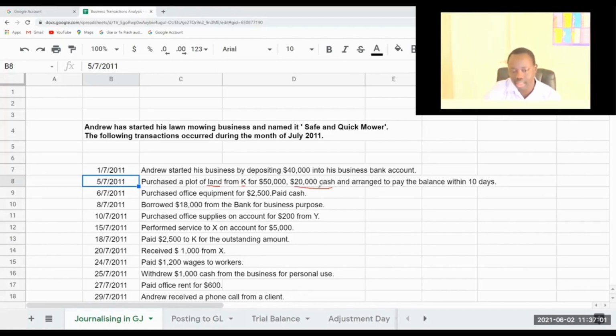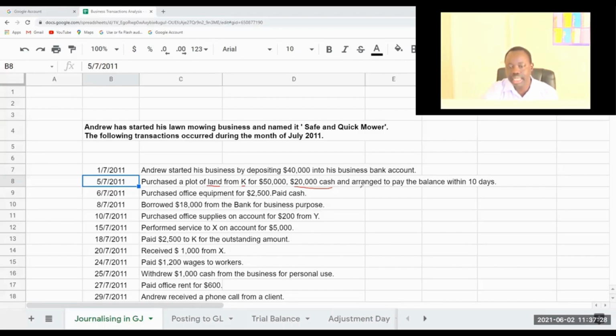So $20,000 from the cash account and $30,000 for accounts payable will give us $50,000 on the credit side. And we have $50,000 on the debit side. That means our accounting equation is balanced.